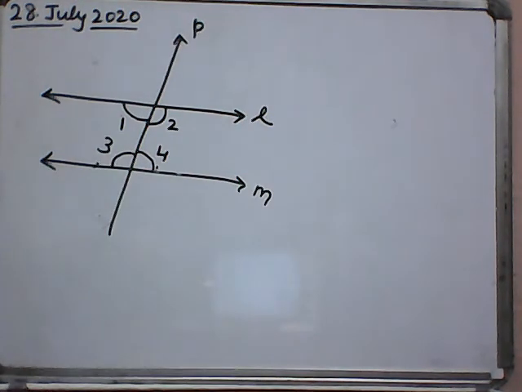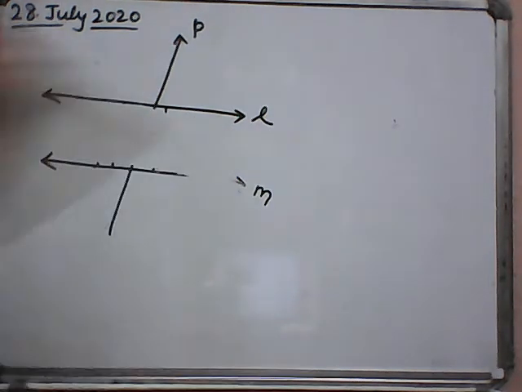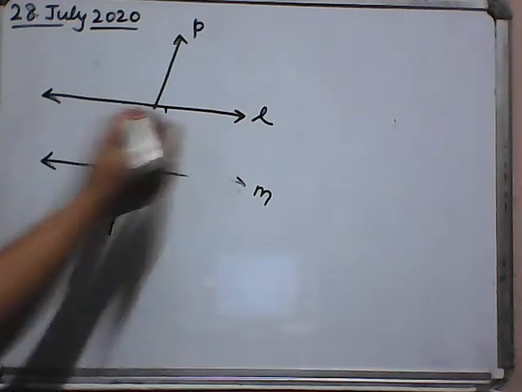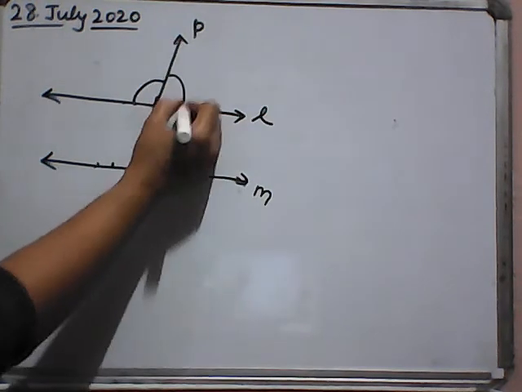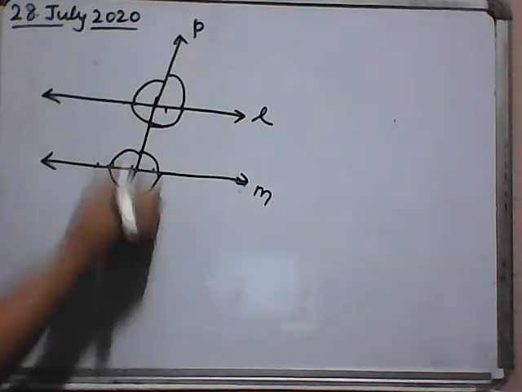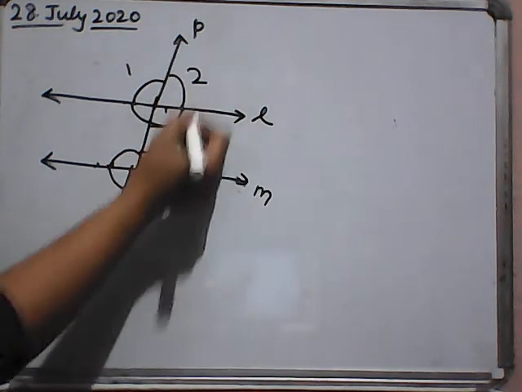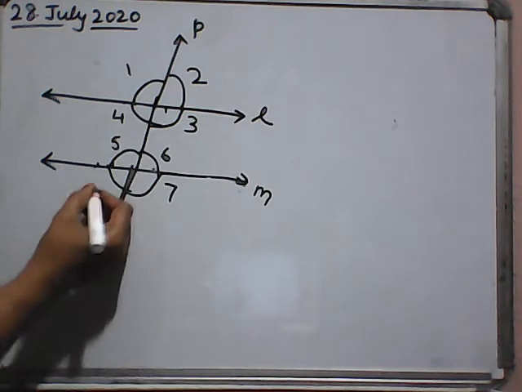Now exterior angles. Exterior angles means angles formed outside of the parallel lines. Suppose it is angle 1, 2, 3, 4, 5, 6, 7, 8.